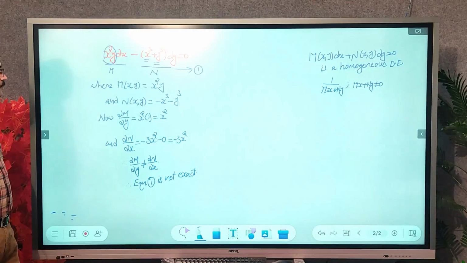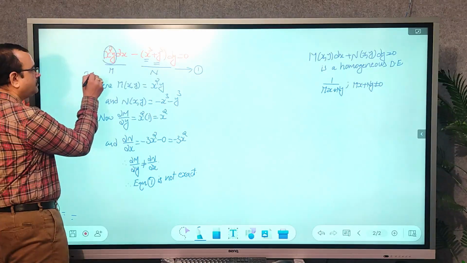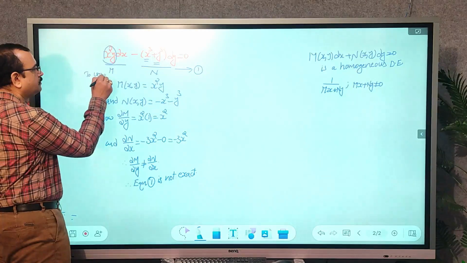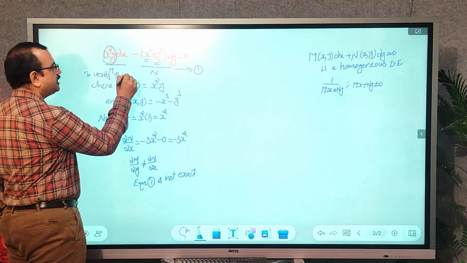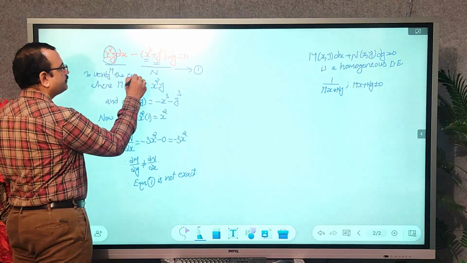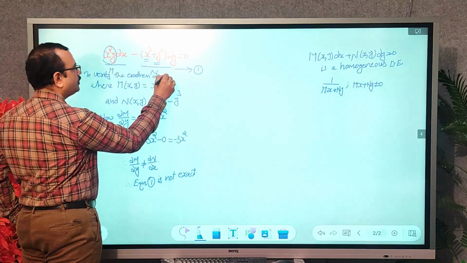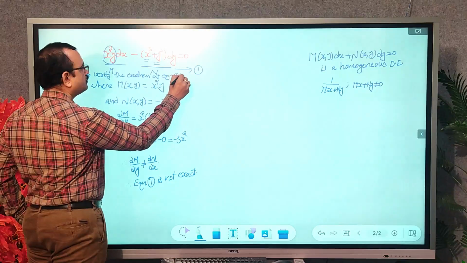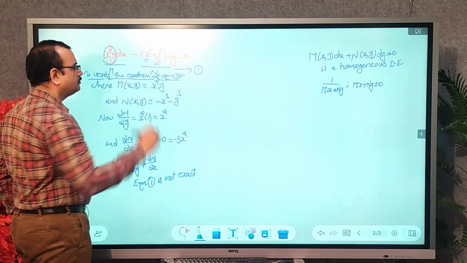Here what we did, first of all, is verify the exactness of equation 1. So this is the first step we have to do.